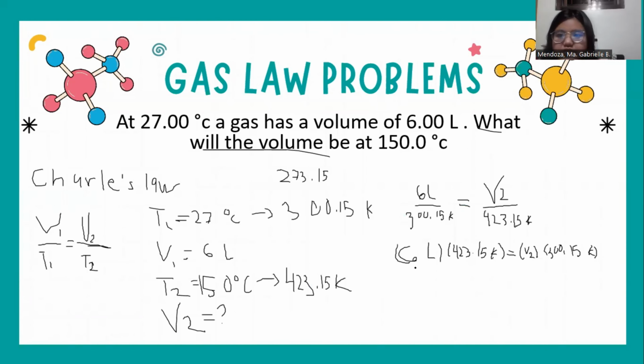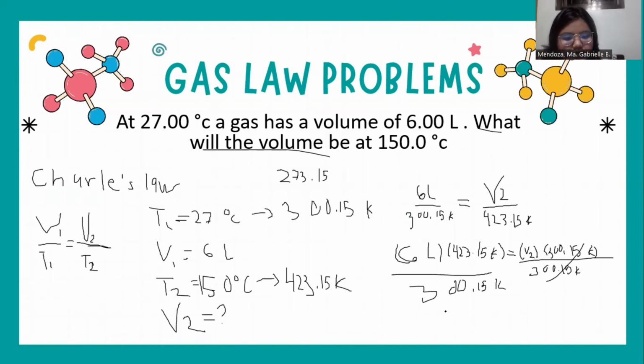Ayan. So, since meron na tayo niyan, divide both sides by 300.15 K. Bakit? Kasi ang hinahanap natin yung V2. Okay? Cancel mo na yan para mas madali. So, since ganyan na, pwede mo nang i-perform yung operation. So, 6 times 423.15 divided by 300.15.